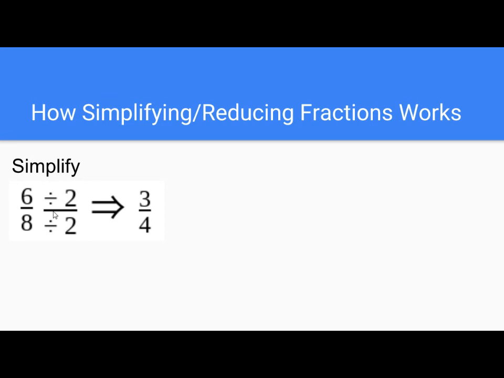And so that's why 6/8 and 3/4 represent the same ratio mathematically. Algebraically, we can do 6 divided by 2 and 8 divided by 2 and get 3/4. It works because we're really dividing by 1. 2 over 2 is 1. So we're not changing what 6/8 means into 3/4. These mean the same thing.